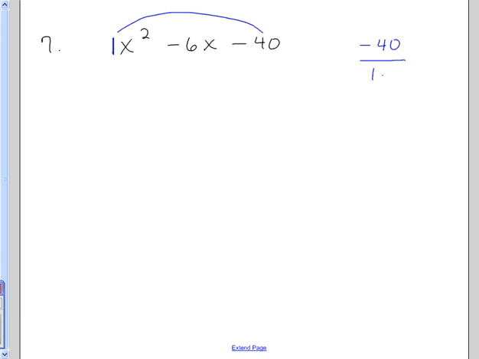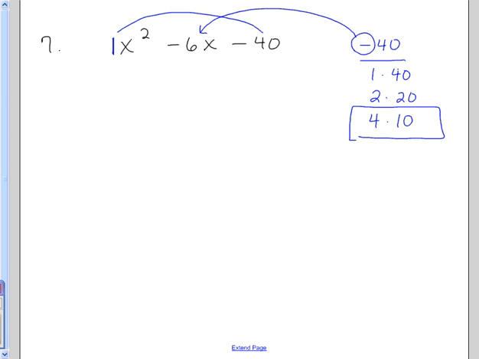Make a list. 1 times 40, 2 times 20, 4 times 10. It's negative, so I want to know what's going to subtract to be negative 6, which would be 4 and 10. The higher number, the 10, would need to be negative and attach x. So I would have 4x and negative 10x.